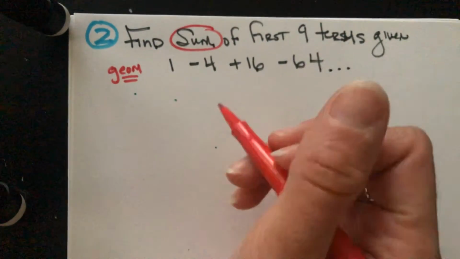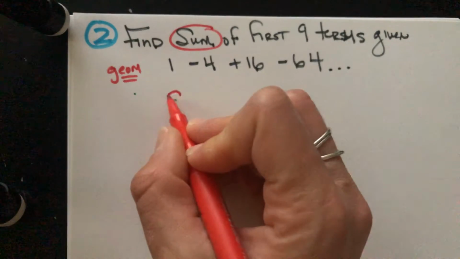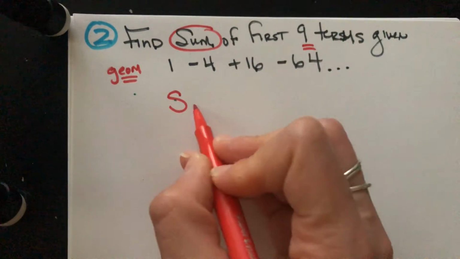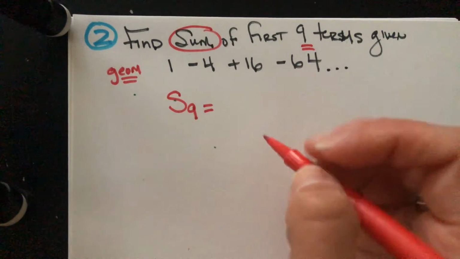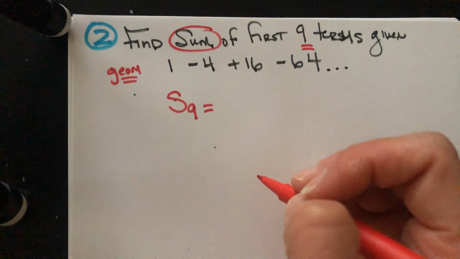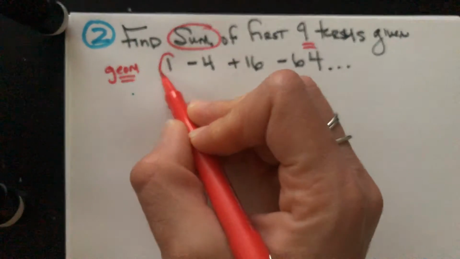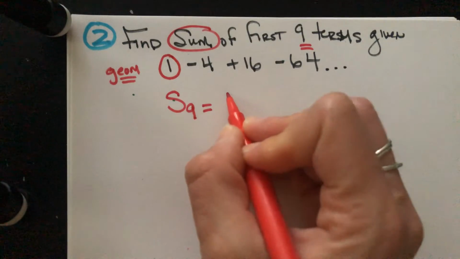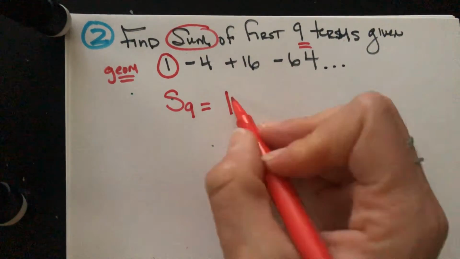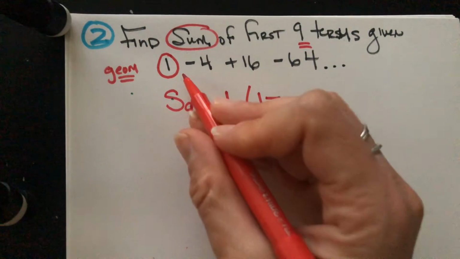You have to decide. So then you look at your notes, and here is your sum of your geometric formula. So I want the sum of 9 terms equals, well, what goes first? A1, which is my first term. Here's a1. It is your first term. Parentheses. 1 minus common ratio.